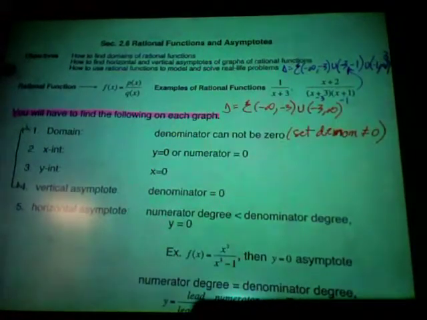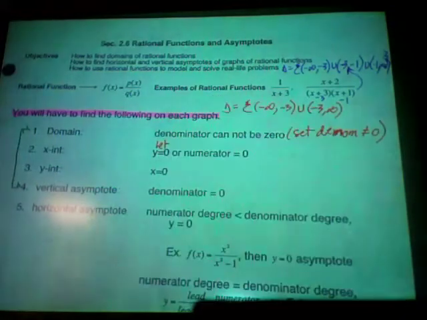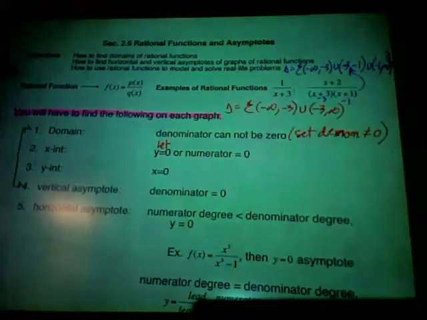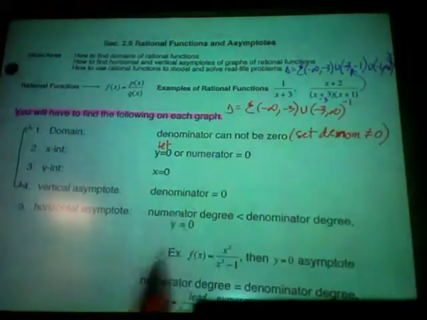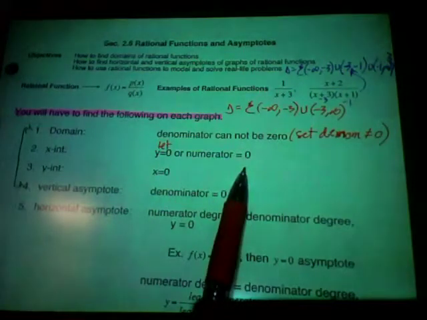So when you find the domain, you find that vertical asymptote at the same time. Then we have to find our x and y intercepts. Remember, when we find our x-intercepts, you are going to let y equal 0. And this one says, or your numerator equaling 0. I'll show you what that means in a minute.